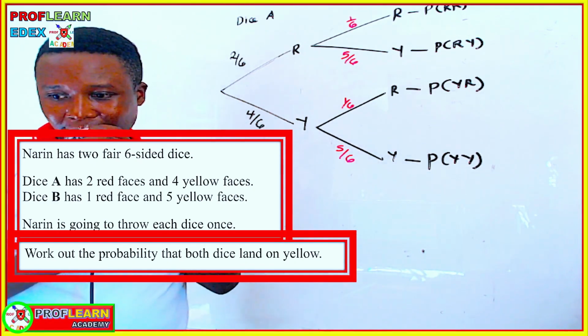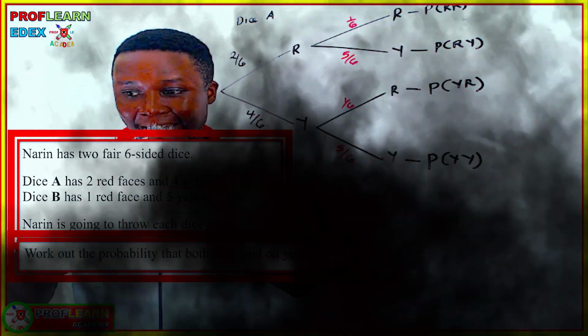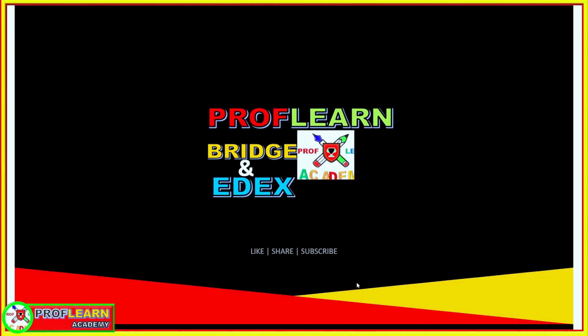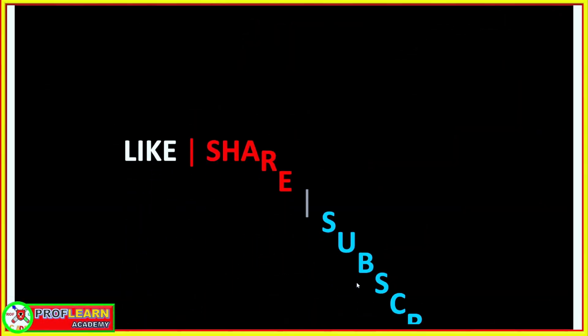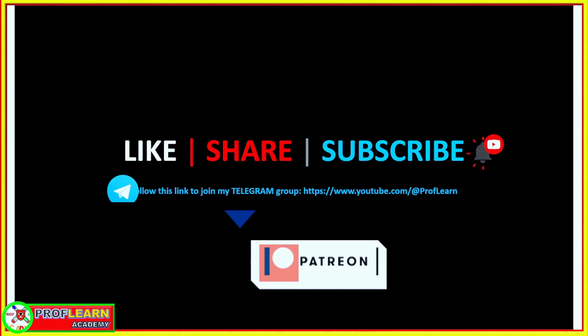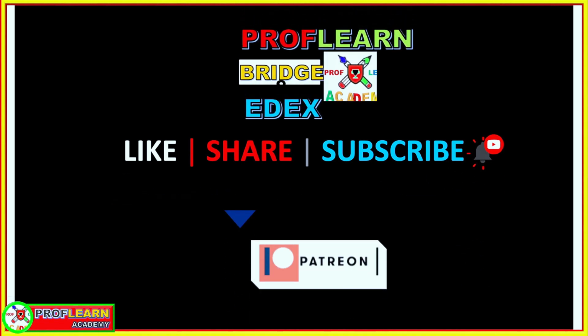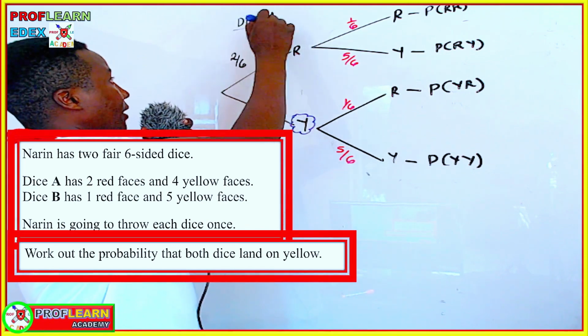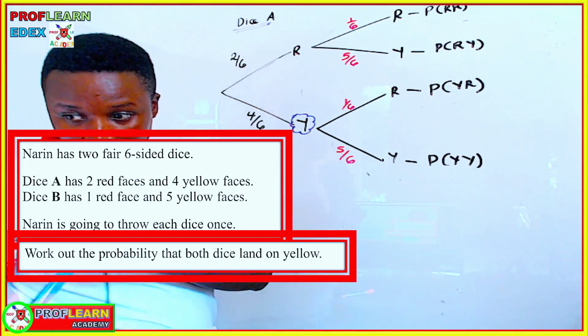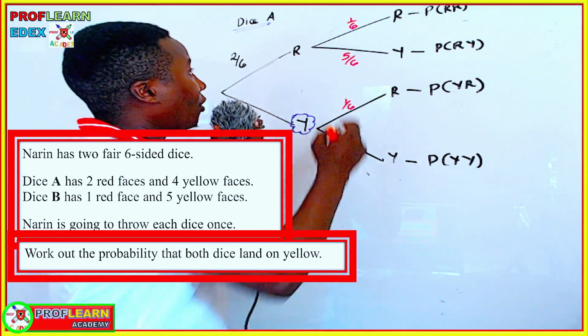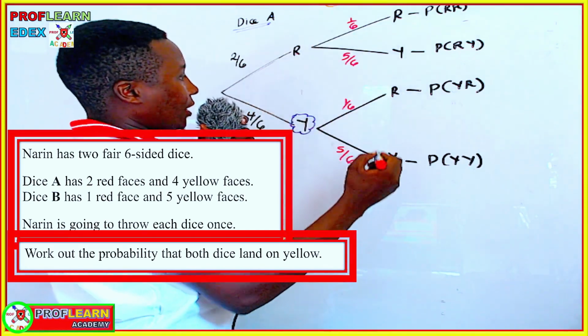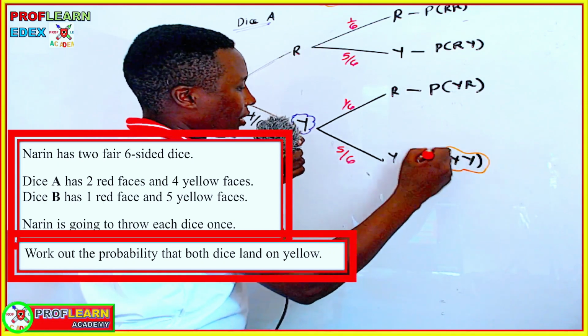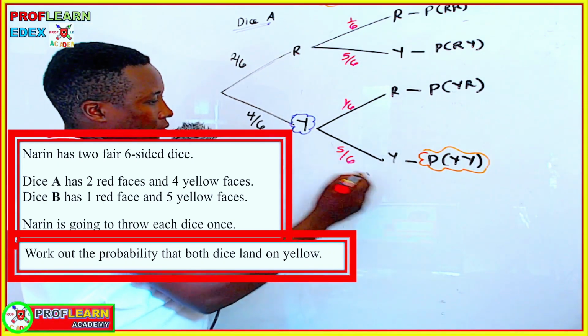Then in this question we're supposed to work out the probability that both dice land on yellow. Both. So meaning it's going to land on yellow for dice A, and it's also going to land on yellow for dice B. So we are going to work out the probability for that.